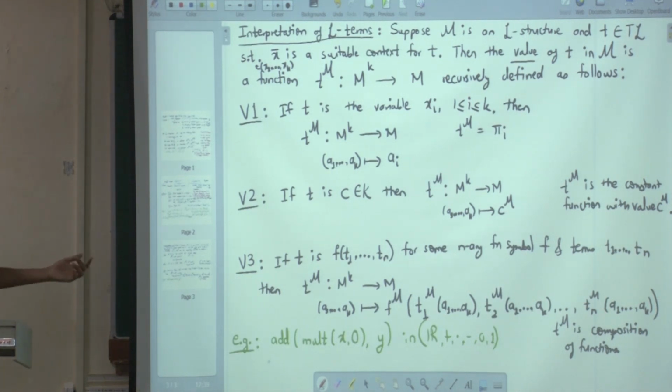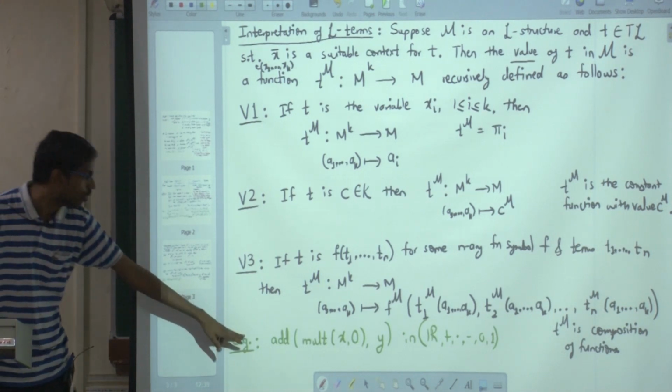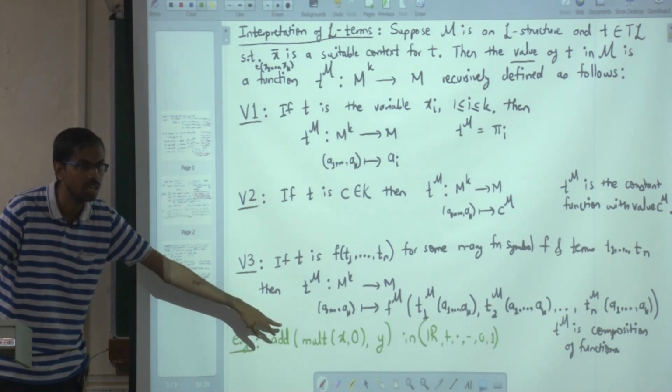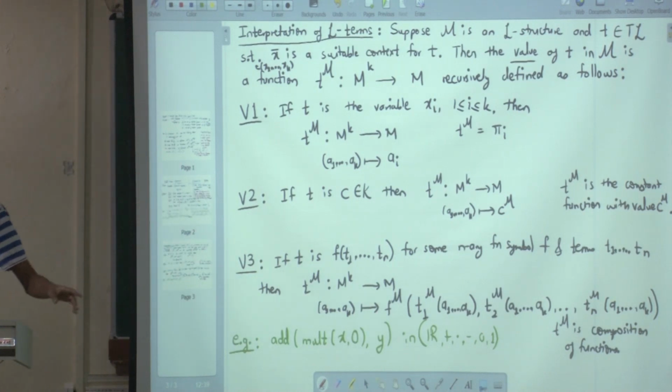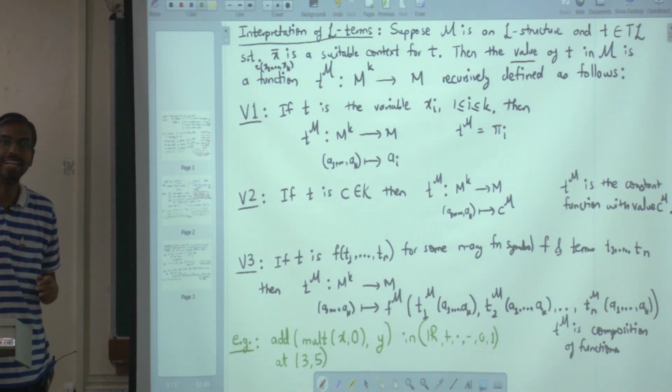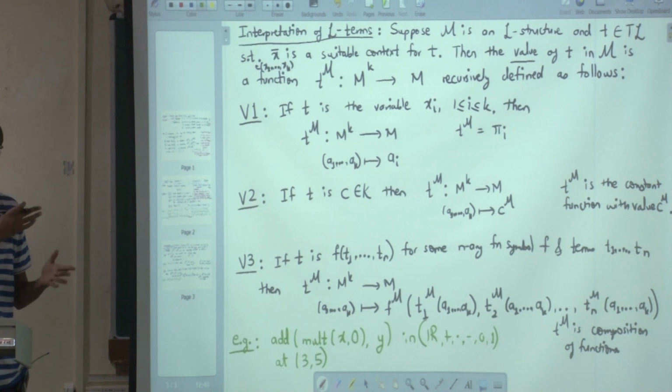Then I should also give you some more information. What is a suitable context for this? x comma y. That is a suitable context. But I want you to evaluate at 3 comma 5. Can you do it for me? What is the value? 5. But don't do it in one step. Logic is about understanding how we are doing it.